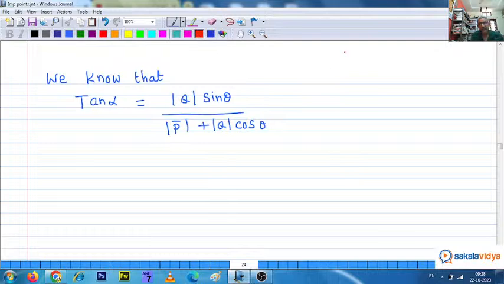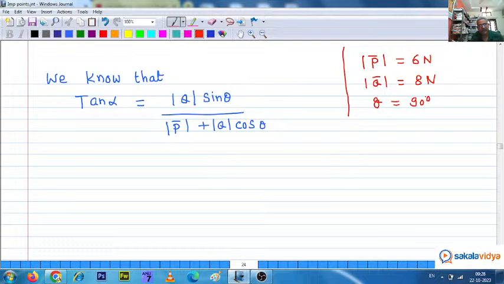My dear students, please remember here modulus of p bar is equal to 6 newtons, whereas modulus of q bar is equal to 8 newtons, whereas theta is equal to 90 degrees. So if you replace, what do you get? Here 8 sin 90 degrees divided by mod p is 6 plus mod q is 8 cos 90.